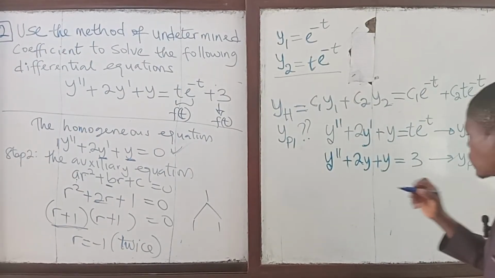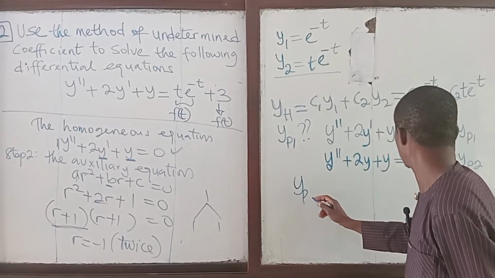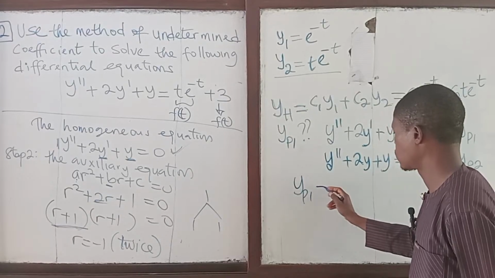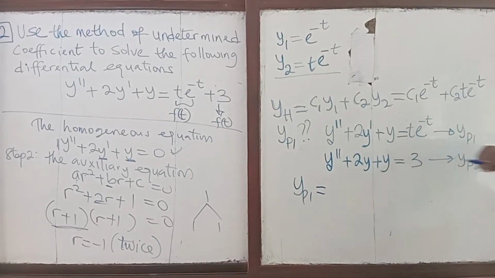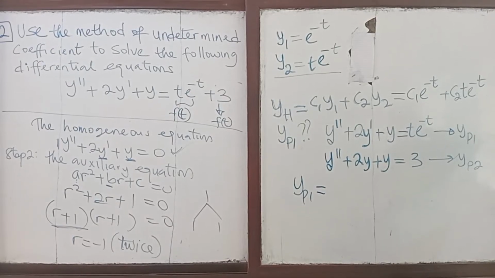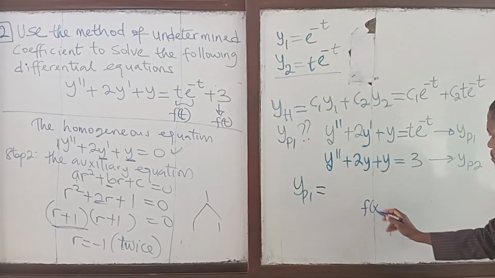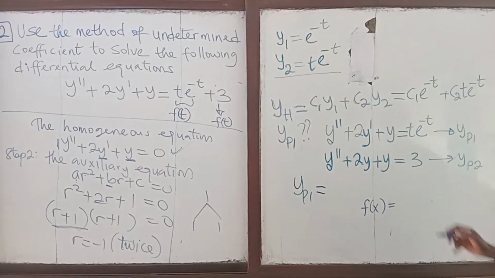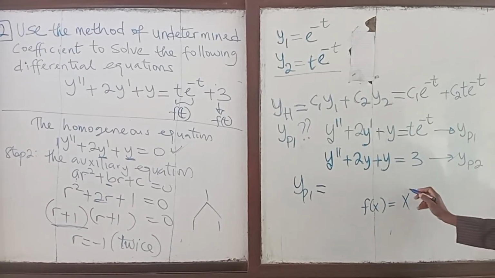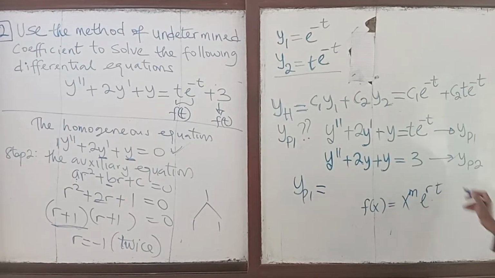Let's get the equation for yp1. If you look at this equation, we said in the introduction that if your f of x is of this form, this is of this form.